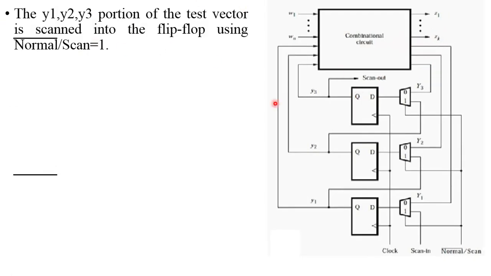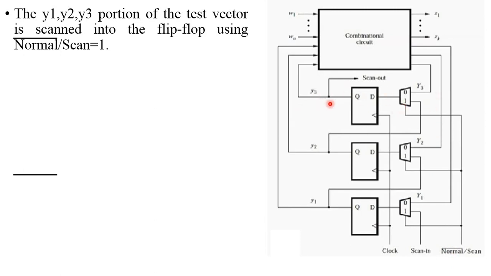The y1, y2 and y3 portions are tested when we apply normal bar / scan equal to 1. If it is 1, that is the normal bar, meaning 0 bar is equal to 1 and 1 bar is equal to 0. In the normal method, it acts as normal shifting, that is, the present and next state variables are shifted.